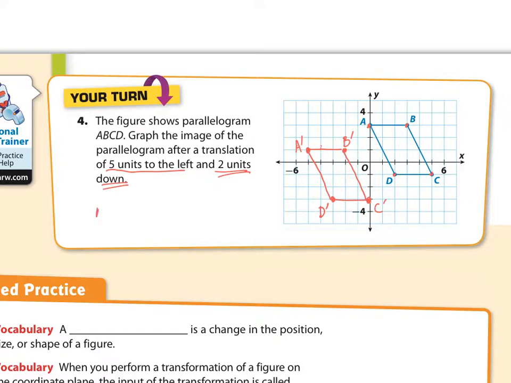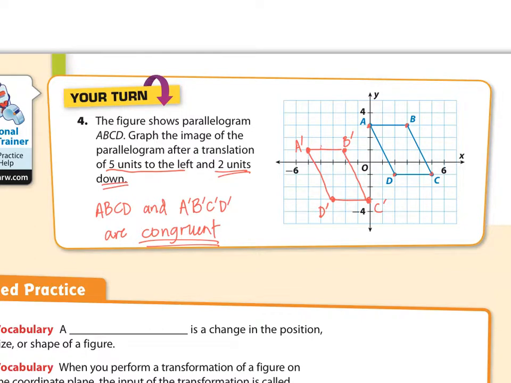Both ABCD and the other one, which we call A prime, B prime, C prime, D prime, are congruent. I know it's a little bit tedious. Remember this word congruent. This means same size, same shape.